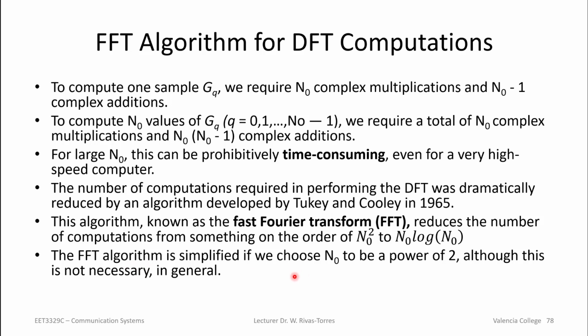So if you can make the number of samples a power of 2, like 2 to the 10, which is 1024, that makes the FFT go faster. But in general, that's not a requirement. You can act on an FFT of any size, and it's still faster than calculating the DFT.